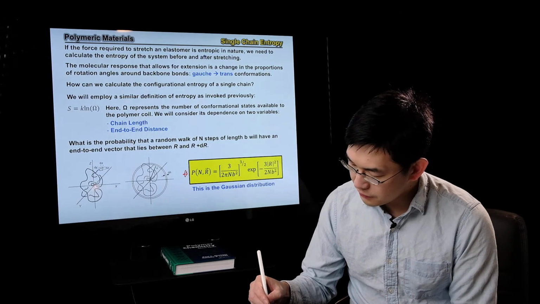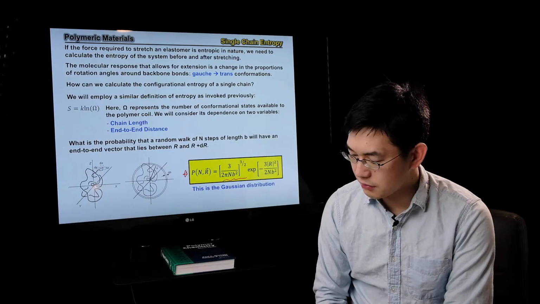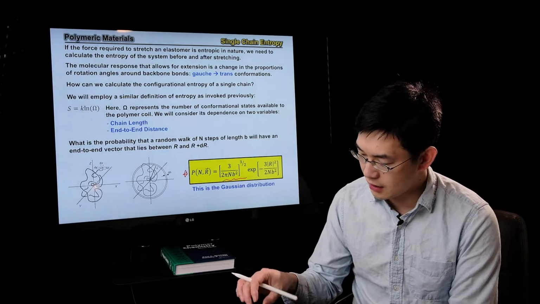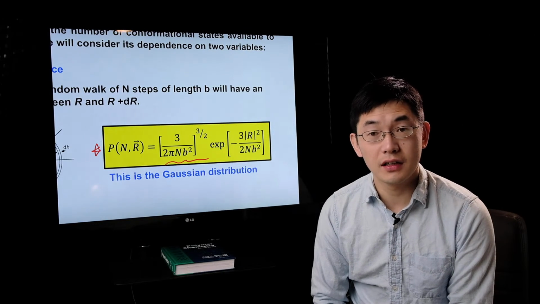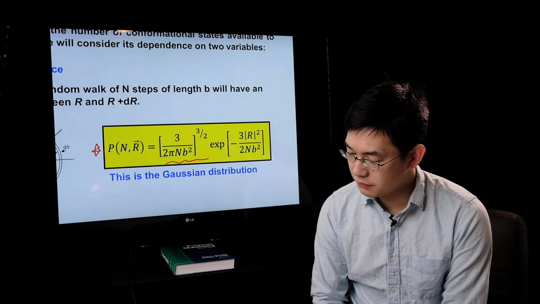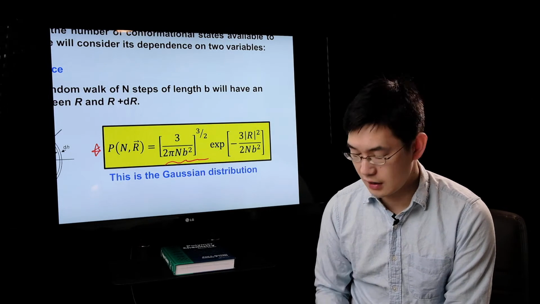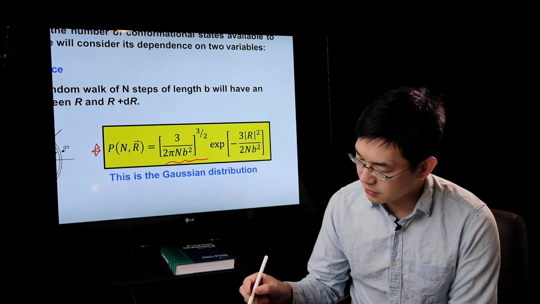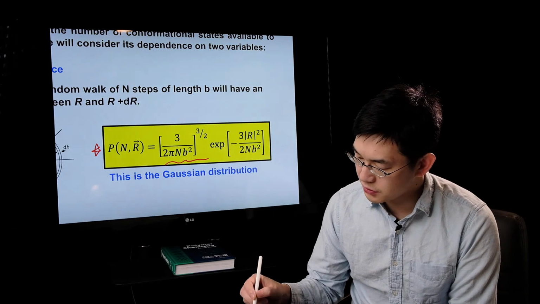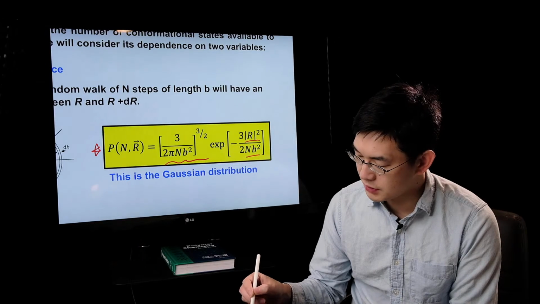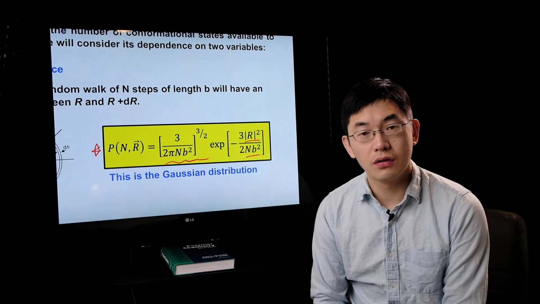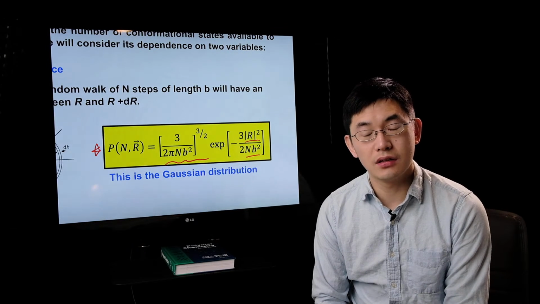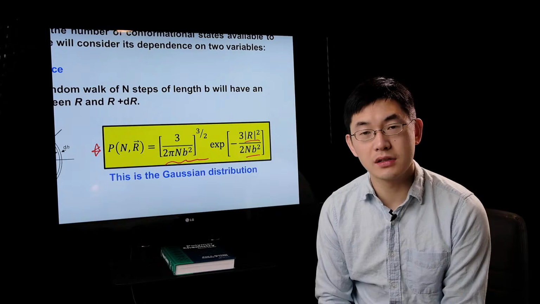We have a normalization constant, which is where I highlighted. This is a prefactor, and if we have a defined n and b, this will be a constant. And we have an exponential term, which depends on the exponential of minus 3/2 of r squared divided by N b squared. We know N b squared will again be a constant, so your chain end Gaussian distribution is really dependent on the r value.